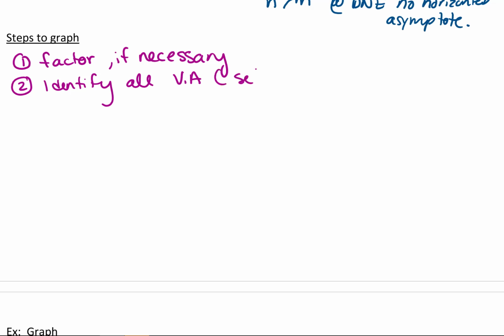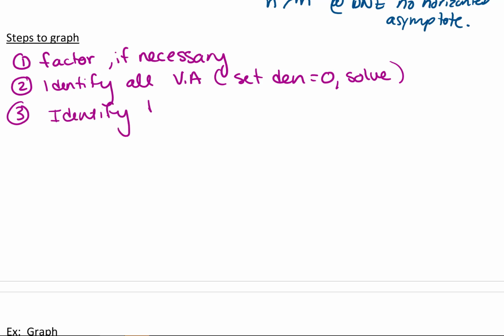So remember, we're going to set the denominator equal to 0 and solve. After we do that, we're going to use where those vertical asymptotes are to identify the domain. Vertical asymptotes and domain go hand in hand.